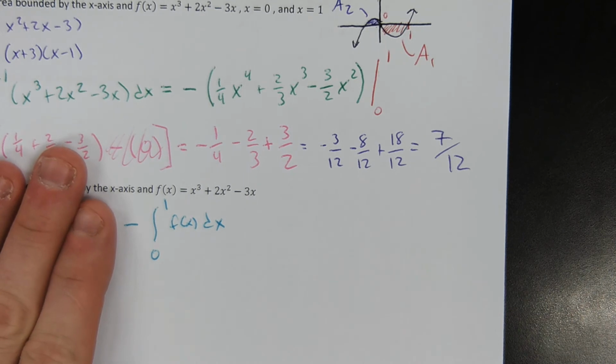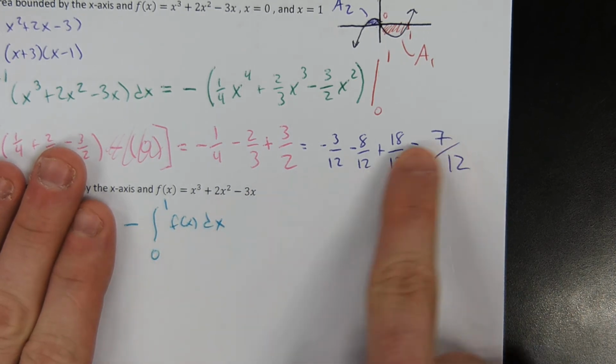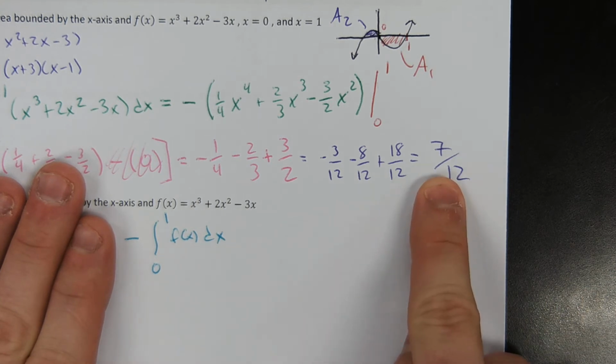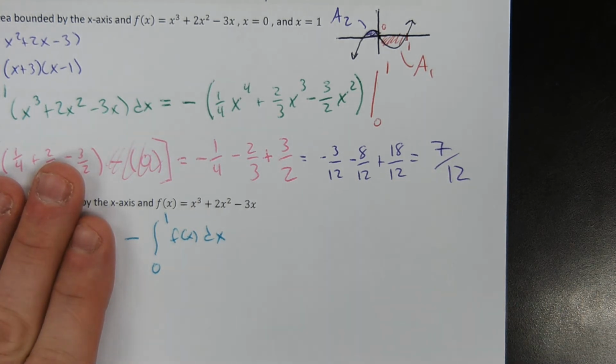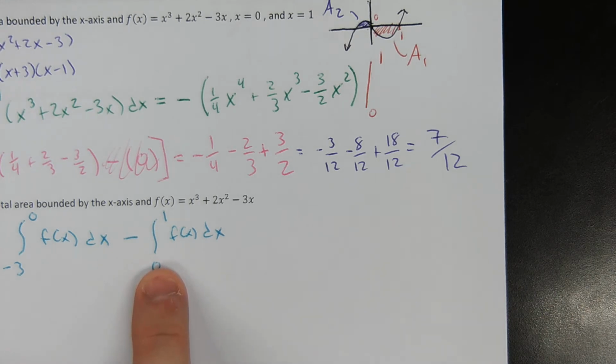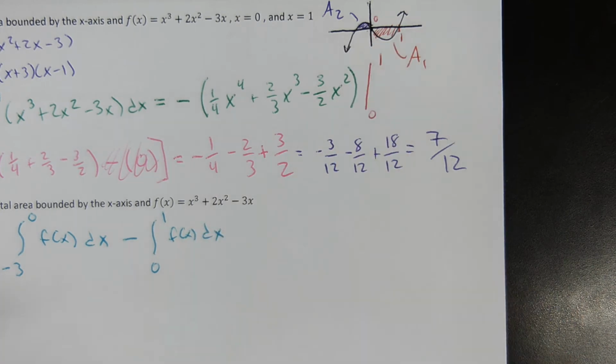Gavin? The value of this is that. Yeah, but when you add a negative, aren't you actually subtracting? Yeah. Okay, here's me adding this negative integral. This integral is negative because this area is below the x-axis.